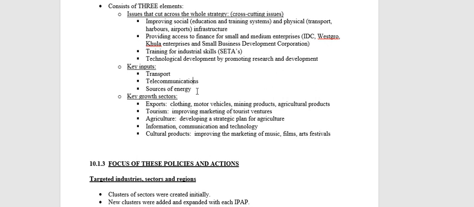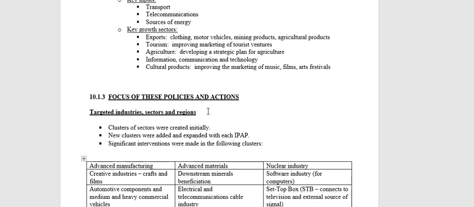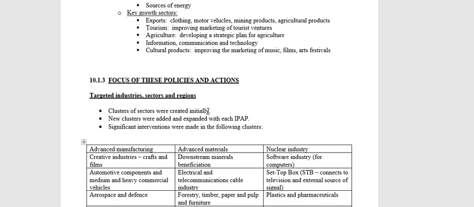And then the key growth sectors. These are the sectors that were identified as key growth sectors, where we have the potential for growth. In terms of exports, the export industries that we are going to focus on are the clothing and textile industry, which you'll remember was also a focus area of the IPAP, and the motor vehicle industry, car manufacturing and motor vehicle parts, also part of the IPAP.